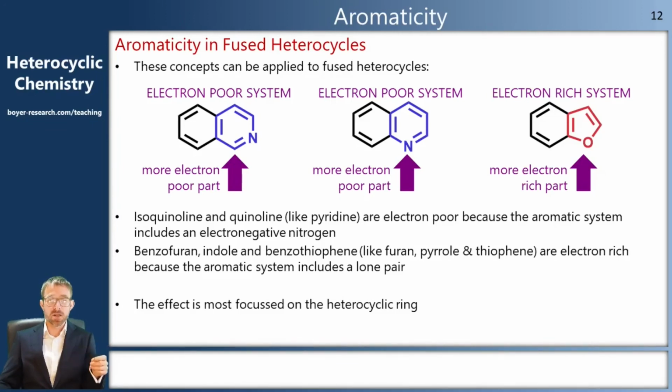So in isoquinoline and quinoline, the pyridine, the nitrogen containing ring, is more electron poor than the carbon containing ring. Similarly, in benzofuran, the same as indoles and benzothiophene, the most electron-rich part is the heterocyclic ring, and the all-carbon ring is less electron-rich.